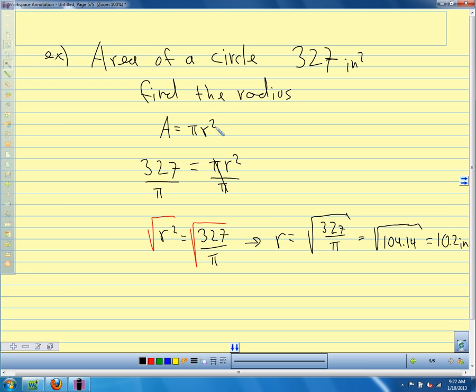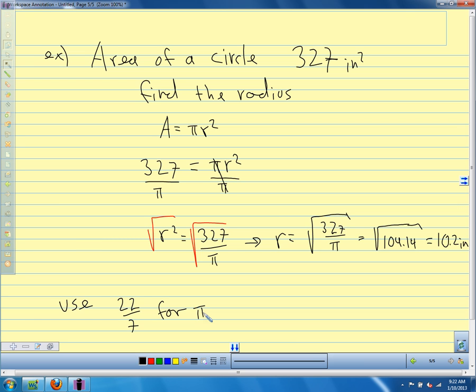A couple of things to look out for in the homework, and then there's one last little thing that I want to talk about. Some of the problems in the homework will say use 22/7 for pi. 22/7 is a pretty good approximation of pi.